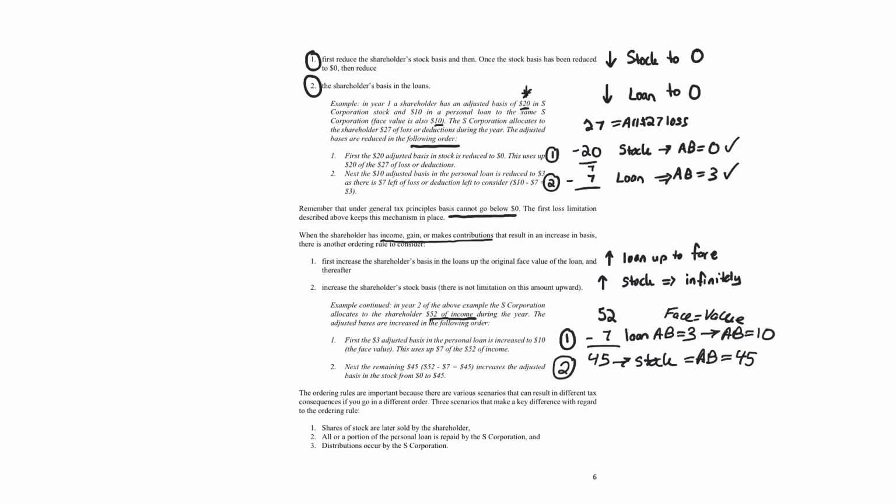All right, so that's when you have a loss. What about if you have distributions? There are some special scenarios that make key differences when it comes to the ordering rule. They include shares of stock sold at a later date, all or a portion, and distributions. We're going to talk about the distribution issue.